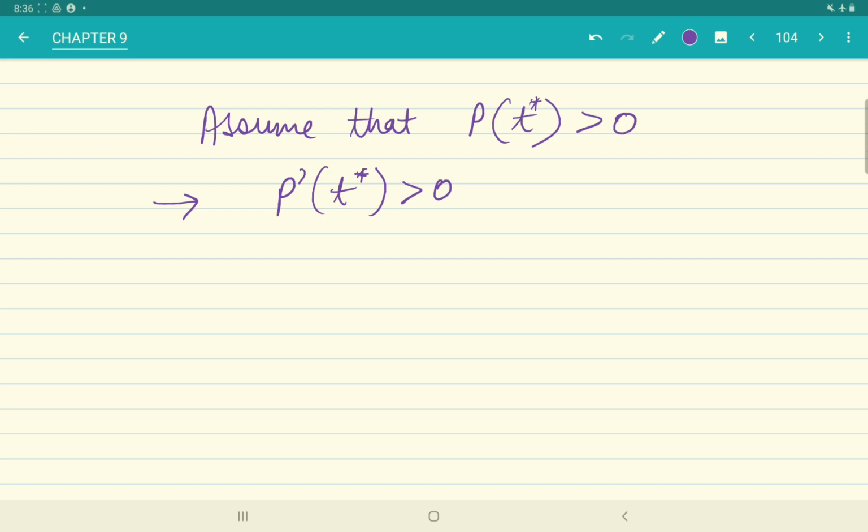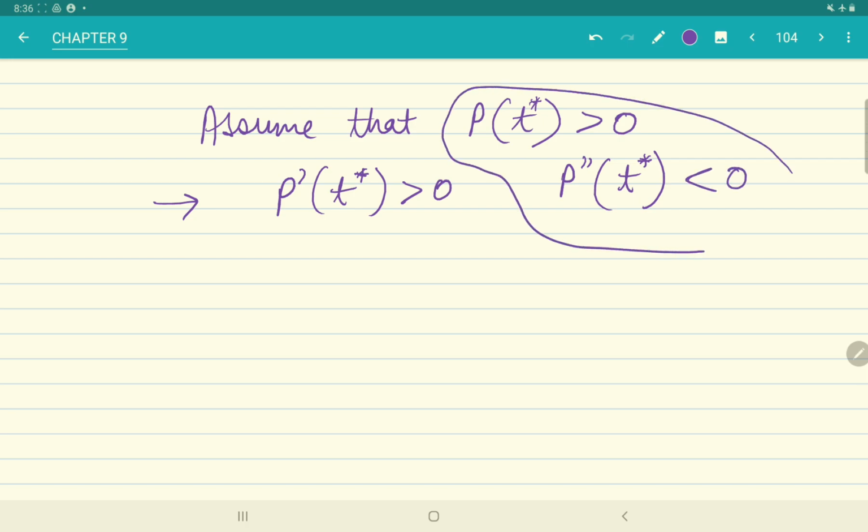That means the rate of increase of the current market value is itself decreasing, and that just means the second derivative, P double prime T star, is less than 0. So we are going to assume these two things.